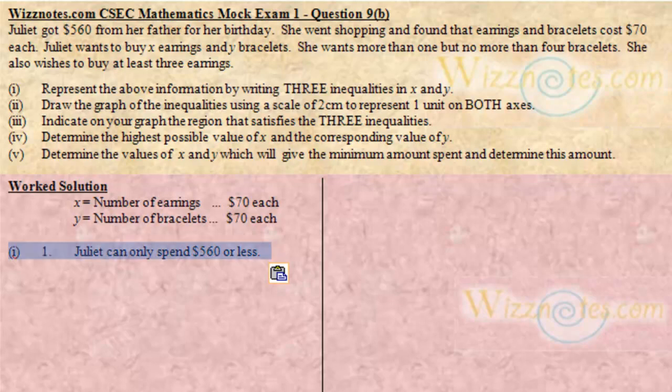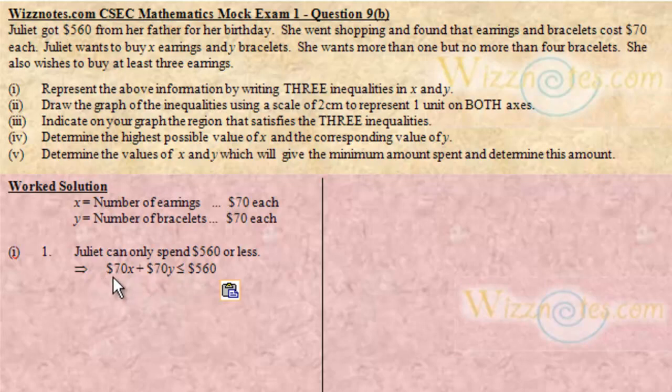If we put that in as an inequality, the total money she's spending is less than or equal to $560. That is $70 times X plus $70 times Y has to be less than or equal to $560 because she cannot spend more than $560.